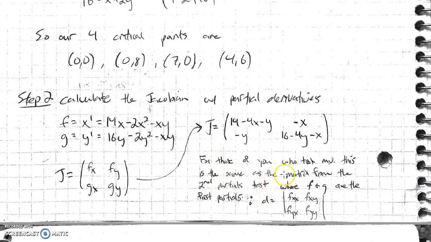This is the same matrix that we used, but F and G would have been the first partials, right? This Jacobian shows up all over the place, and this mixture of taking these partial derivatives shows up all over the place.